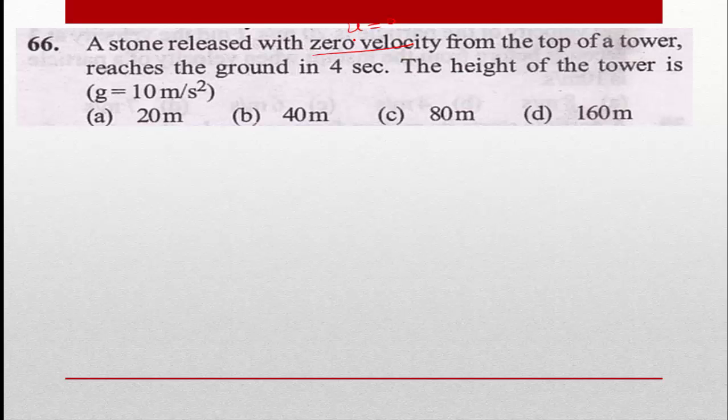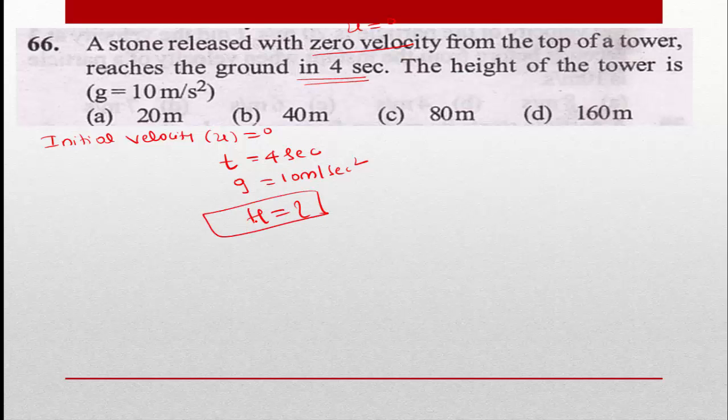Stone released with zero velocity from the top of a tower and it reaches the ground in 4 seconds. ಯಾವಾಗ ರೀಚ್ ಆಗುತ್ತದು 4 ಸೆಕೆಂಡಿಗೆ. ಹೈಟ್ ಆಫ್ ದ ಟವರ್ ವ್ಯಾಲ್ಯೂವನ್ನು ಕ್ಯಾಲ್ಕುಲೇಟ್ ಮಾಡೋಕ್ಕೆ ಹೇಳ್ಯಾರ. ಕೊಟ್ಟಿರ್ತಕ್ಕಂತಹ ವ್ಯಾಲ್ಯೂಸ್ಗಳೇನದಾವಿಲ್ಲಿ, ಇನಿಷಿಯಲ್ ವೆಲಾಸಿಟಿ u equal to 0 and then time t is equal to 4 seconds, g equal to 10 meter per second square and the height of the tower value ಅನ್ನು ಕೇಳ್ಯಾರ.